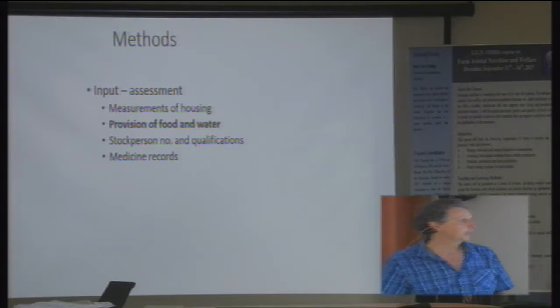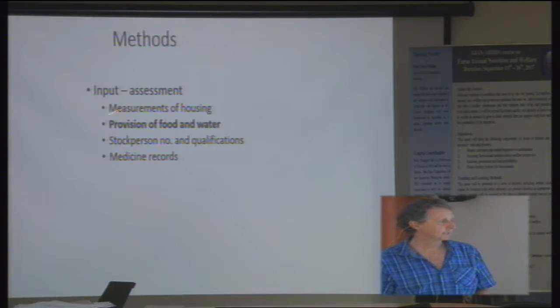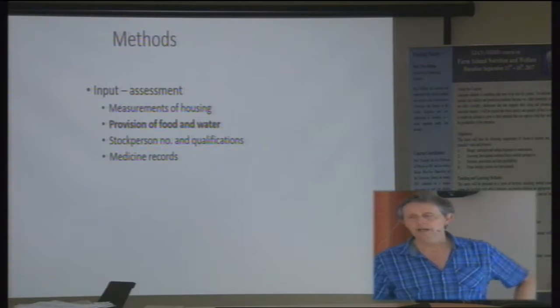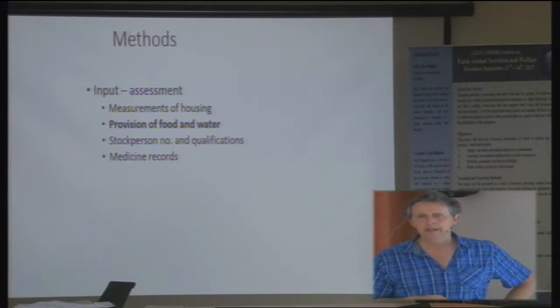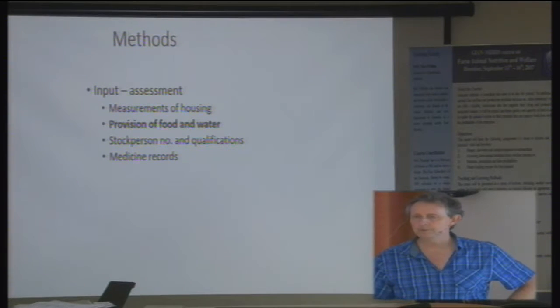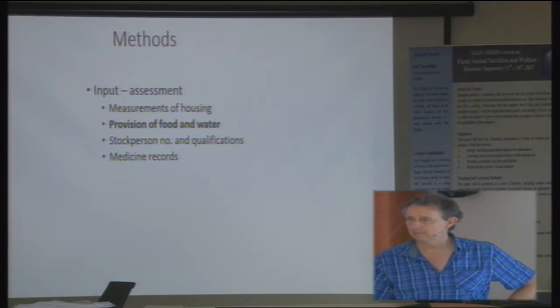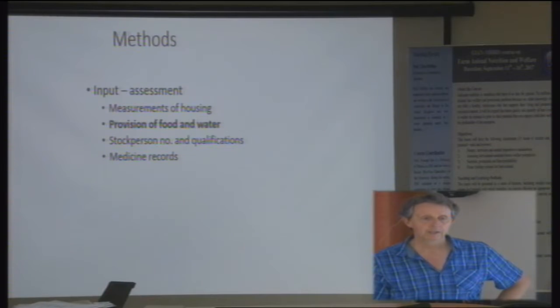So particularly in input assessment, we might look at provision of food and water. And also under stock people as well. A caring stock person, we know, is extracting more milk from the cows.